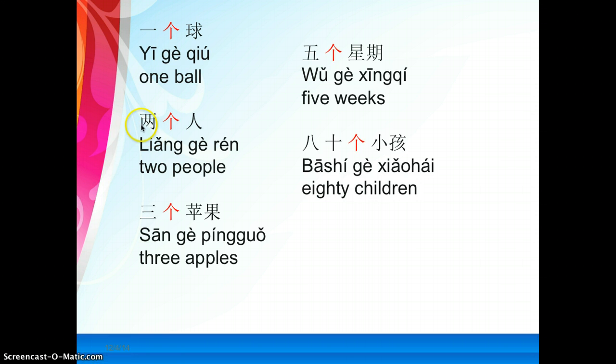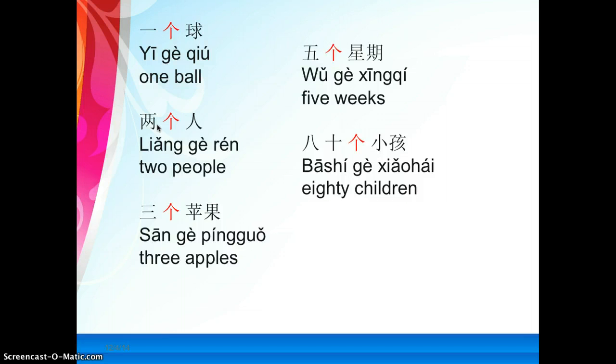So when you do two of something, remember it is this character, 两. You should practice this character and write it several times. It's very important. When you do two of something, it will be 两. If you say 二个人, that's wrong. You have to say 两个人, or like two teachers, that will be 两个老师.